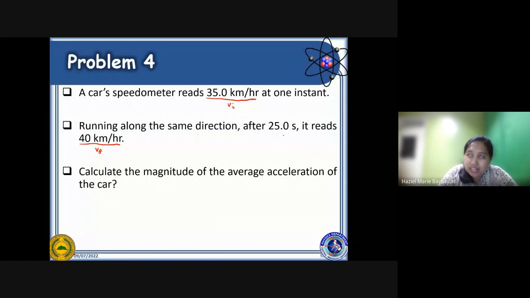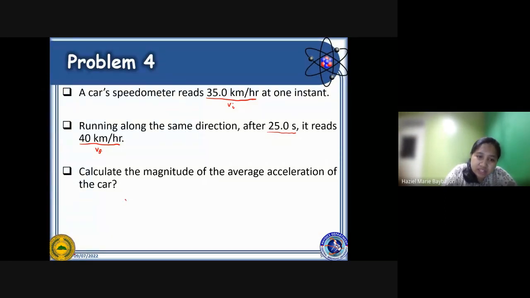The total time that the car traveled is 25 seconds. So this is the total time, or we can call this the time interval. Okay, calculate the magnitude of the average acceleration of the car.